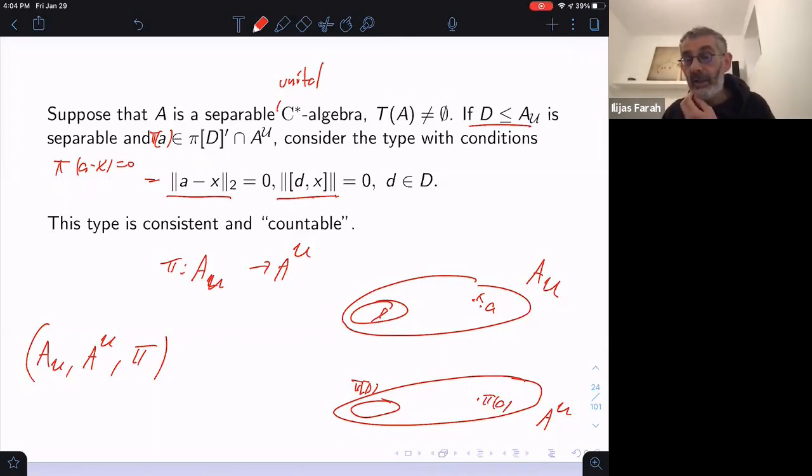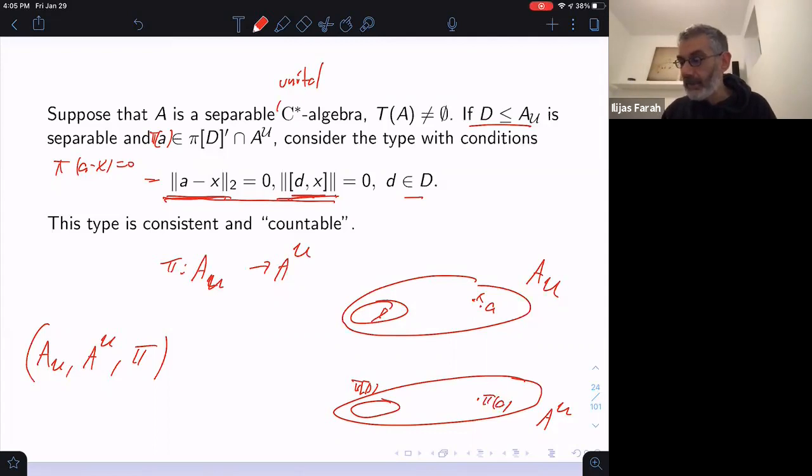Note, in the original setup, A probably doesn't commute with D in the operator norm. Once you mod out the tracial kernel ideal, commutation happens, but originally they're probably not commuting. So this type is an attempt to create something that commutes with everything in D on the nose in the operator norm, and yet has the same image in the tracial ultrapower as little a.